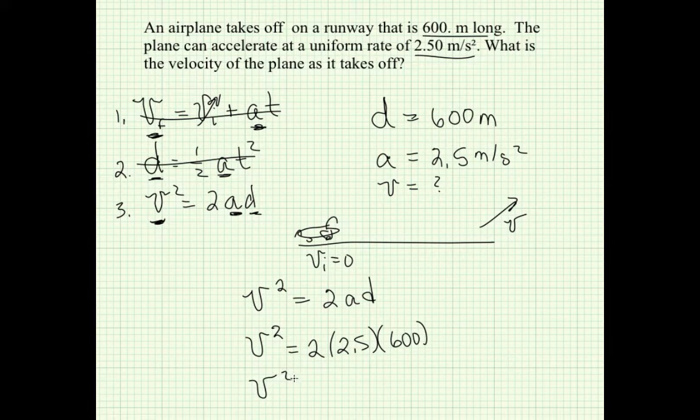All I need to do is multiply those 3 values. When I multiply those 3 values, that's going to give me 3,000. But that's going to give me what velocity squared is, and I just want the velocity. So the way we get rid of the squared is we take the square root, and when we do that, we get 54.8 meters per second.